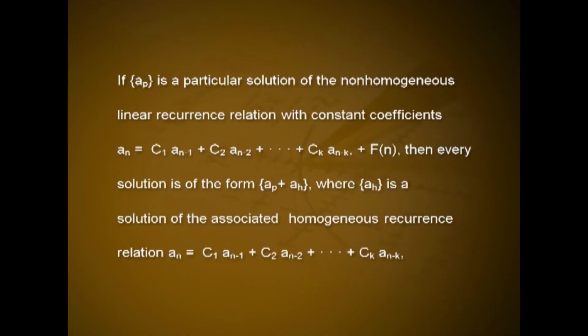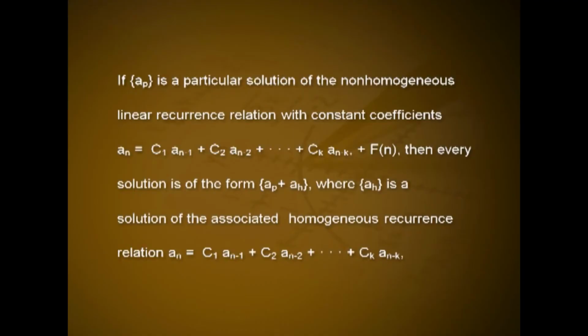The key fact about linear non-homogeneous recurrence relations with constant coefficients is that every solution is the sum of a particular solution and a solution of the associated linear homogeneous recurrence relation, as the following theorem shows. Theorem 12.